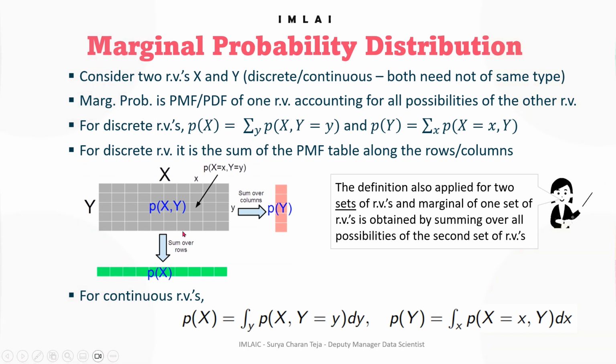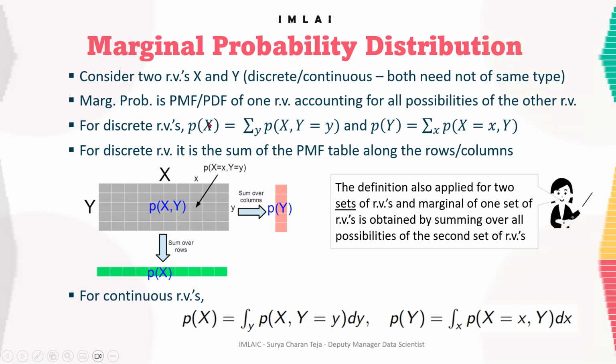The probability of capital X is nothing but the sum over all the rows. The marginal probability of capital Y is the sum over the columns, because as it is X, it will take up all the rows, and as it is Y, it will take up all the columns.